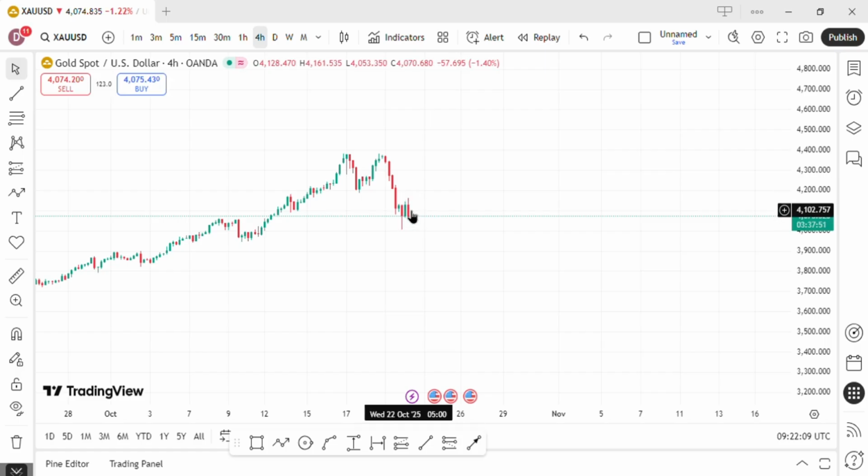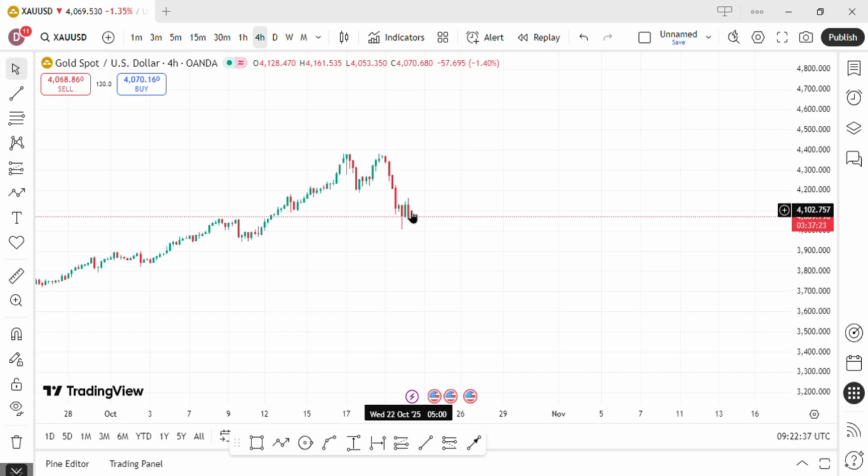Right now, you don't know who is going to push the market down or up. But to me, this is what I'm seeing. Gold has been in an uptrend for a long time. Gold has been buying for a long time. So there's no way we are going to get massive sales. This is just a correction in the higher time frame.